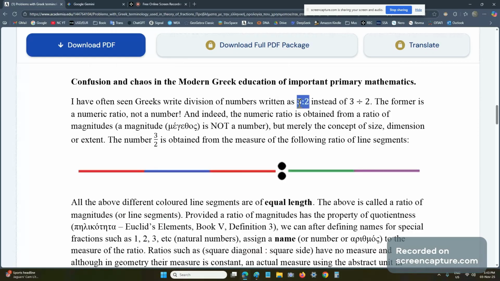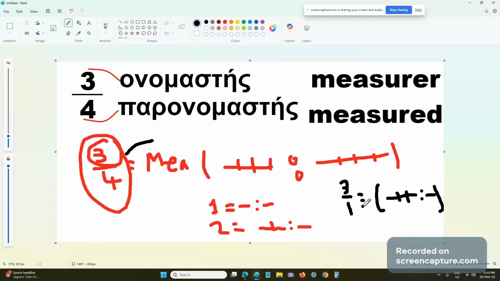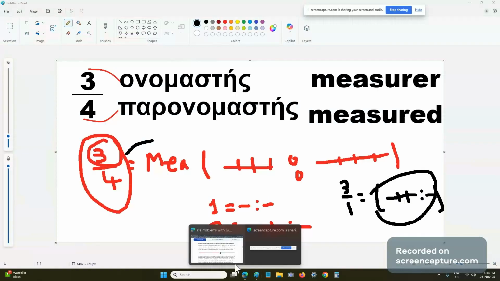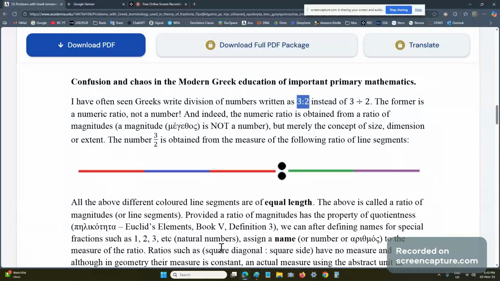But this here is what pertains to a ratio, not a number. The measure of this numeric ratio, as opposed to a magnitudinal ratio like this, is known as a number, and it's written as 3 over 2.